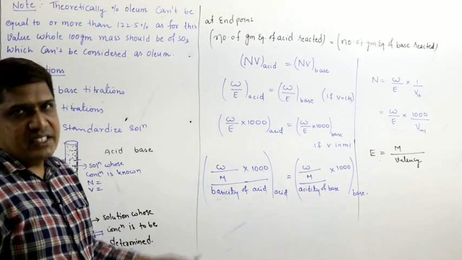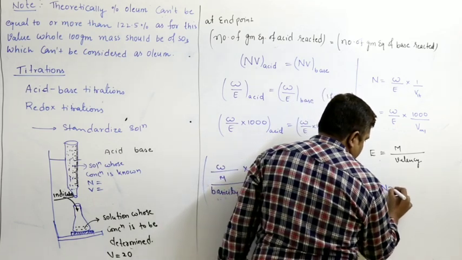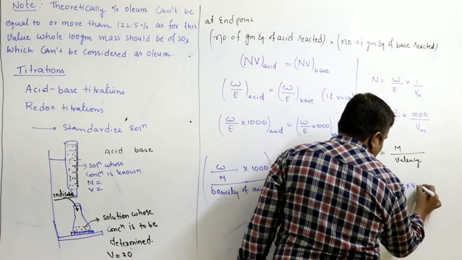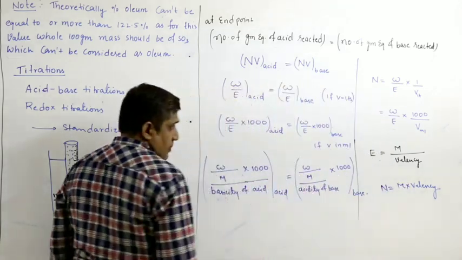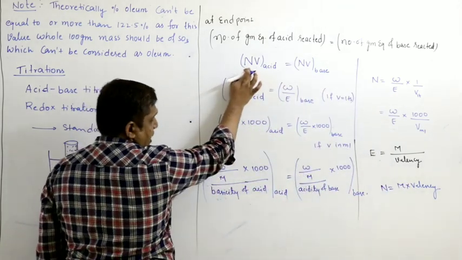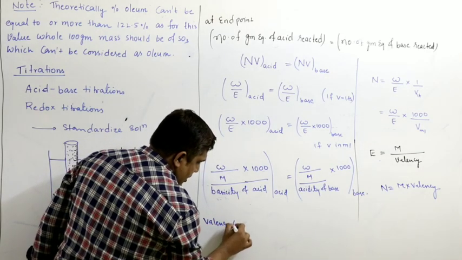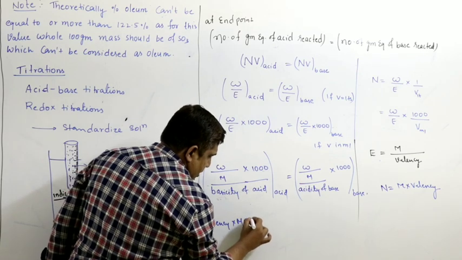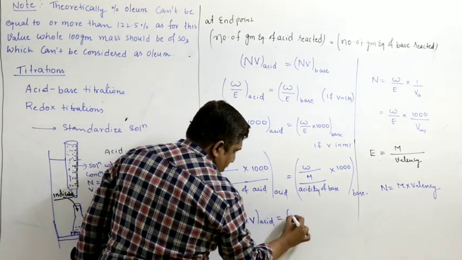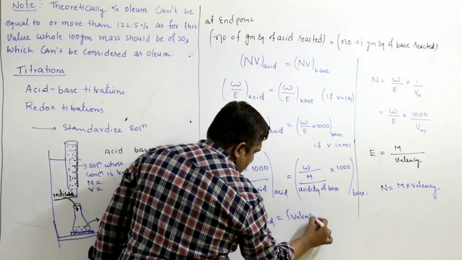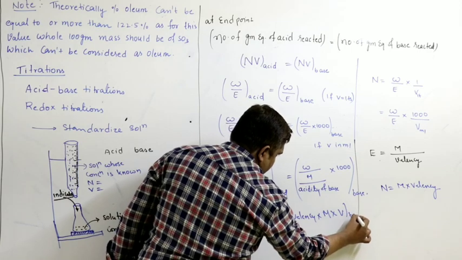Now, if molarity is given, recollect the relation: normality equals molarity into valency. So what can I write here? Instead of normality, I can write valency of acid into molarity of acid into volume of acid equal to valency of base into molarity of base into volume of base.